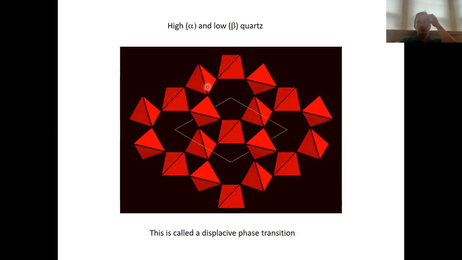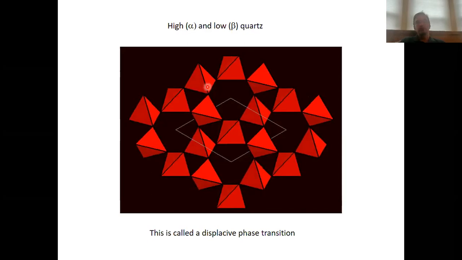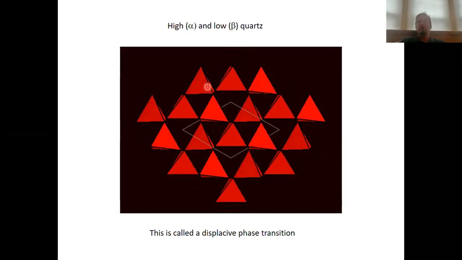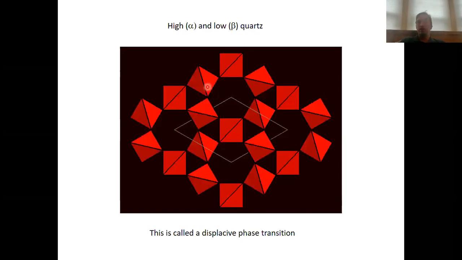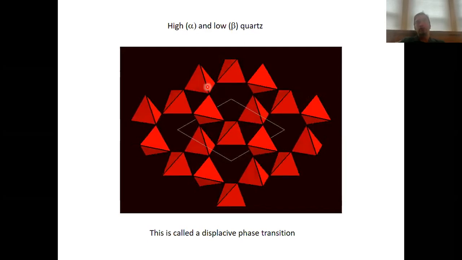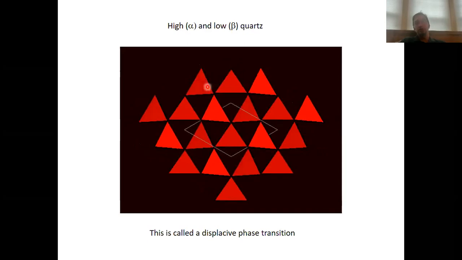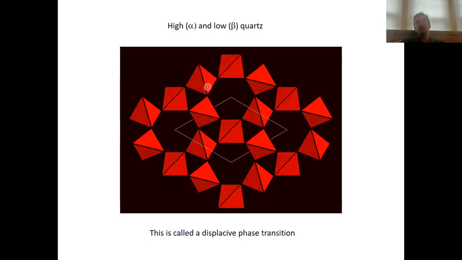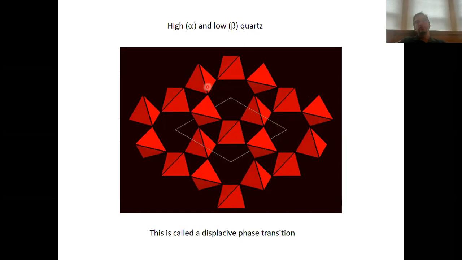This is opposite to a phase transition which is called a reconstructive phase transition. When we have reconstructive phase transitions, then that means that we actually have to cleave and reconstruct bonds in order to make such a phase transition happen.